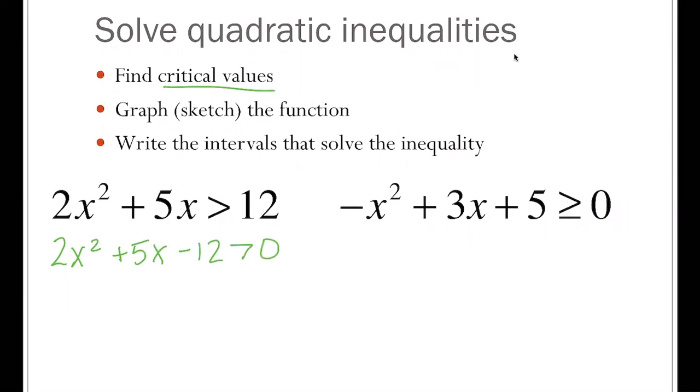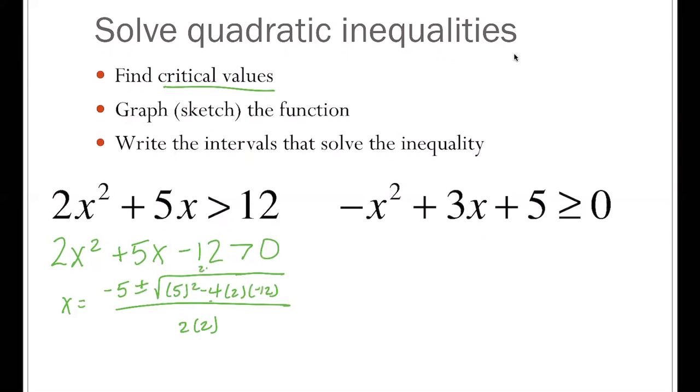So if you're looking at that, you can factor, you can do quadratic formula if you don't think that it'll factor very nicely. So let's go ahead and do quadratic formula. It'd be -5 plus or minus the square root of 5 squared minus 4ac all over 2a. So that's going to give me inside 25, and then we have 48 times 2, plus 96.